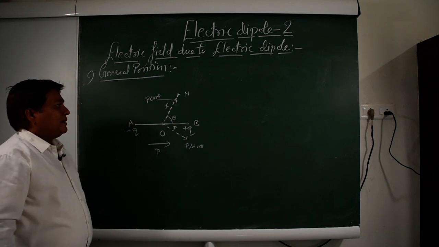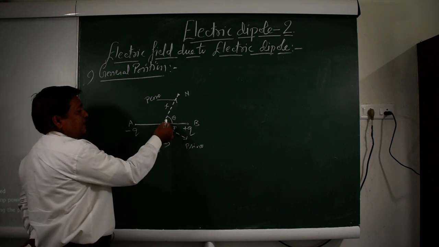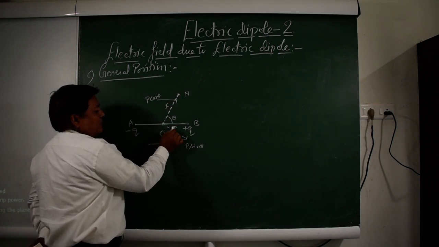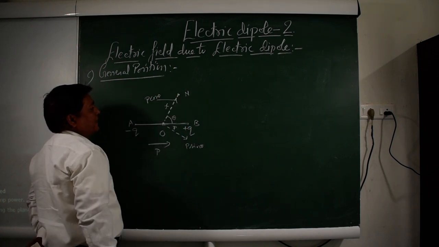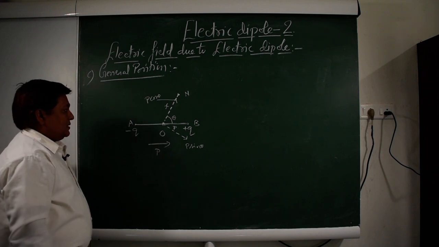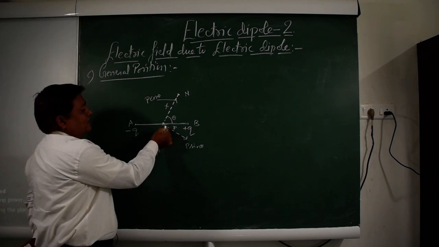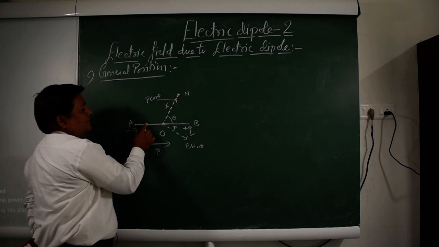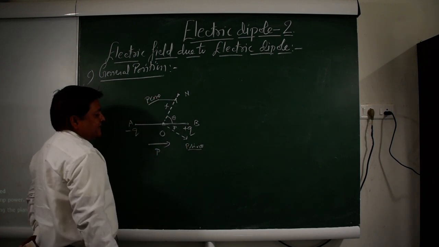Now we find out the electric field at the N position due to this dipole, with two components. So we take the two components and find the electric field at N due to P cos theta and due to P sin theta.